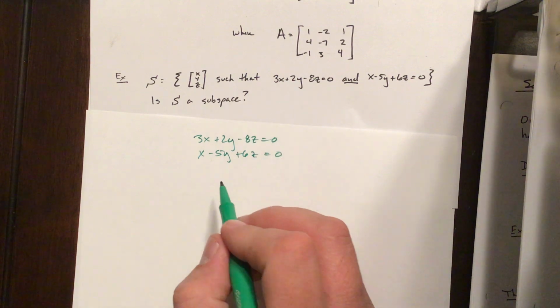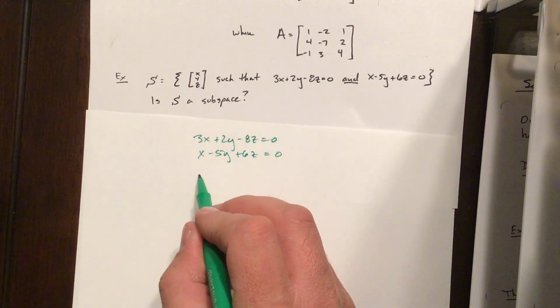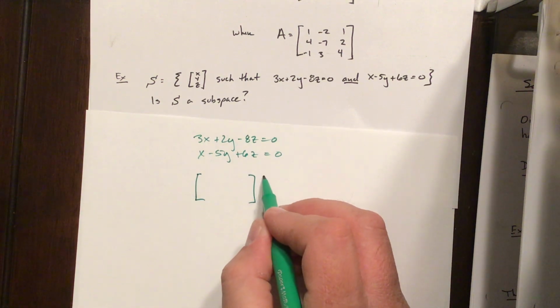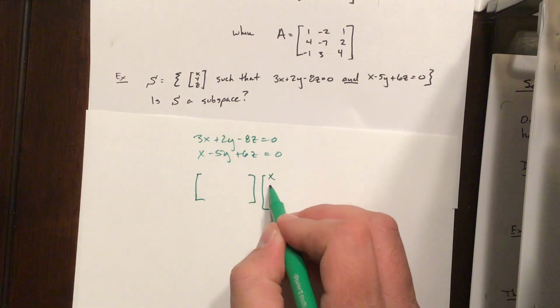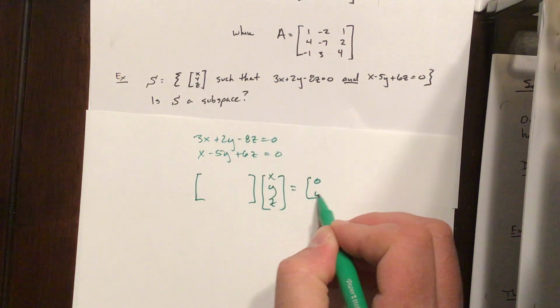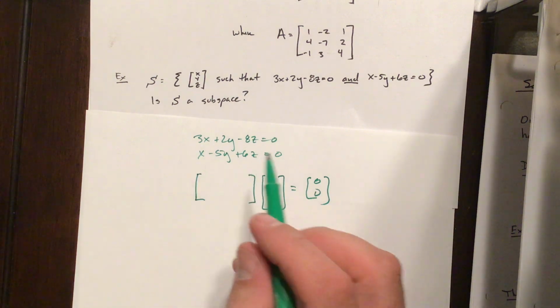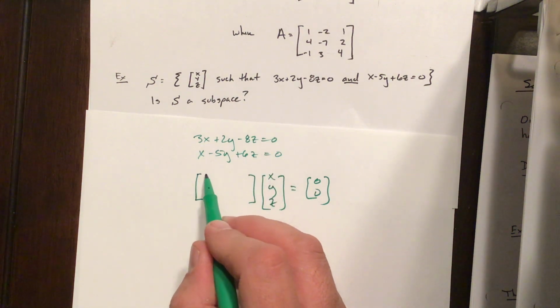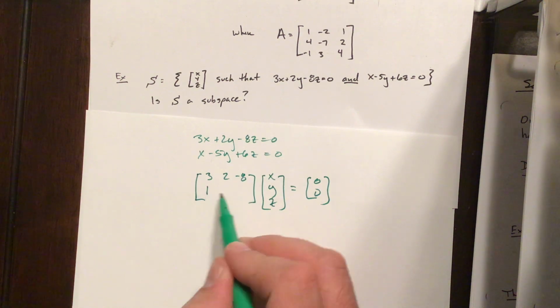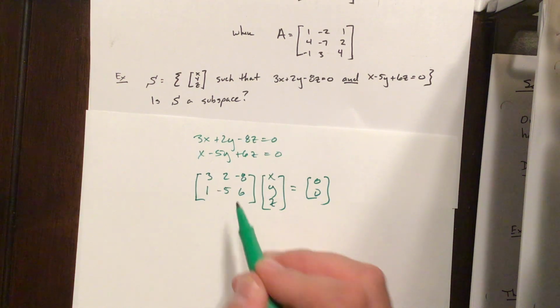Okay, systems of equations can be converted to matrix equations. So what would the matrix equation look like? Well, it would be something times x, y, z is equal to 0, 0. What would that something look like? It would look like 3, 2, negative 8, 1, negative 5, 6.